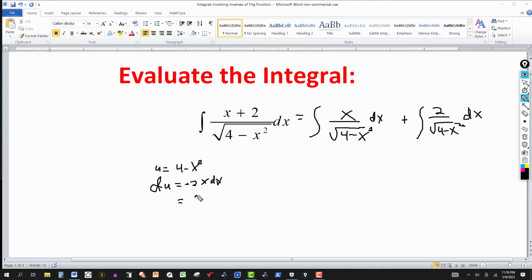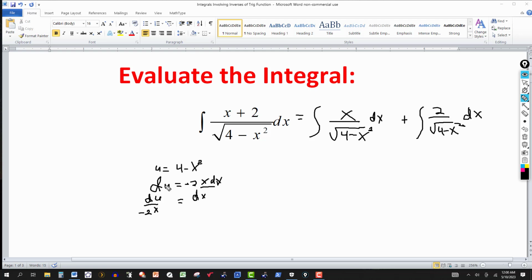So let's just say dx. Solve for dx here. So this will be du over minus 2x. There are several ways to do this. I could just say I need a replacement for x dx. So I can say, okay, I have x dx right here.